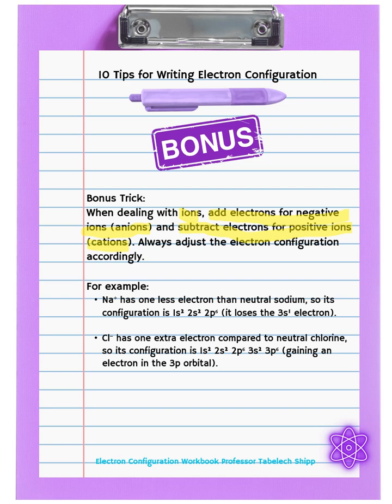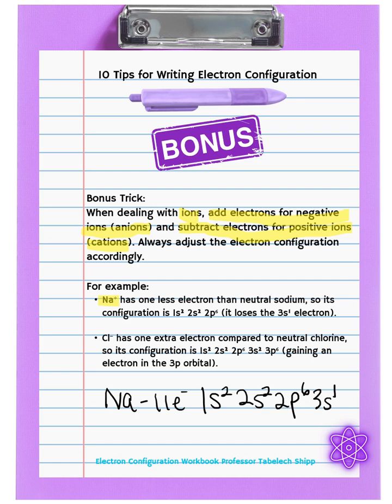So for instance, if you have sodium, you see how sodium has a positive one charge, right? It has one less electron than the neutral sodium. So in other words, if you write out the configuration for a sodium atom, sodium, according to your periodic table, has 11 electrons. So if I write out the electron configuration, it's going to be 1s2, 2s2, 2p6, 3s1.